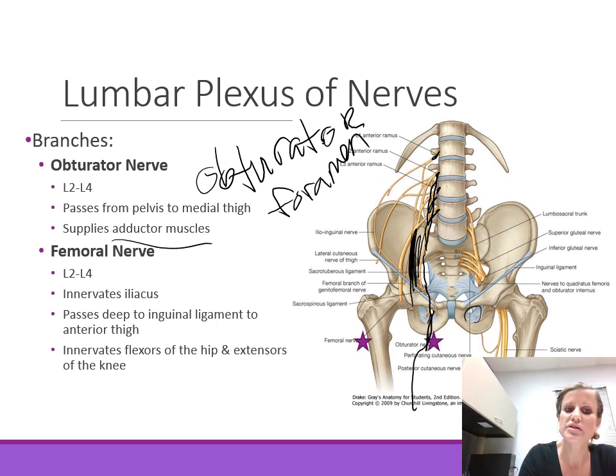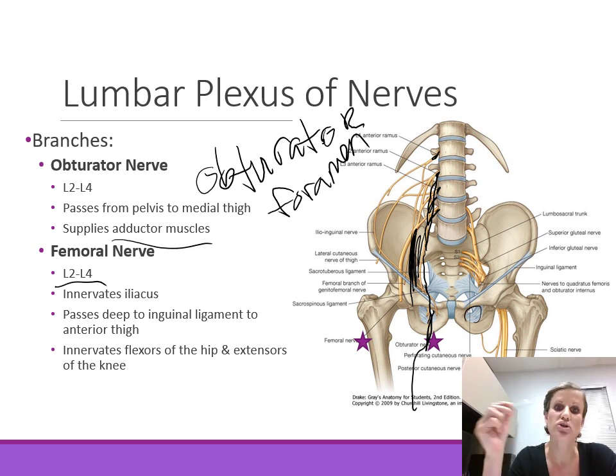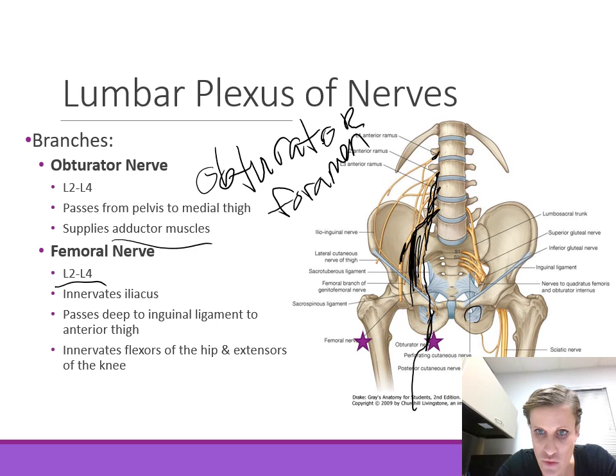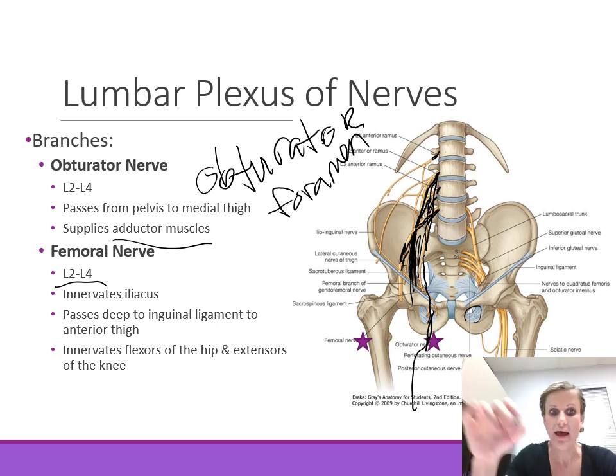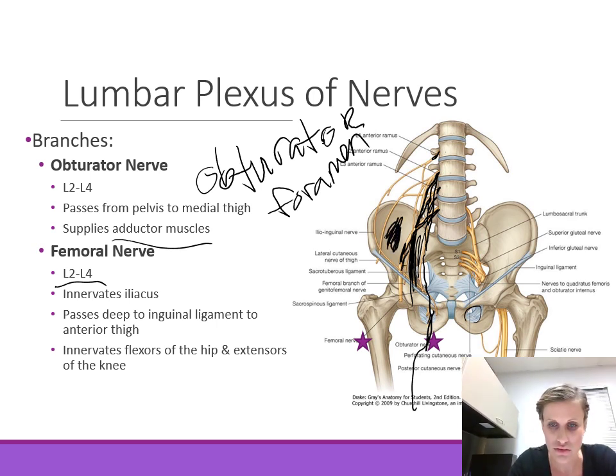The femoral nerve is also from the L2 through L4 spinal cord segments. It actually emerges on the lateral border of the psoas major. You can see this is this large one here, and it goes 4, 3, and 2, comes down to the femoral nerve. The femoral nerve innervates the iliacus, which is over here.